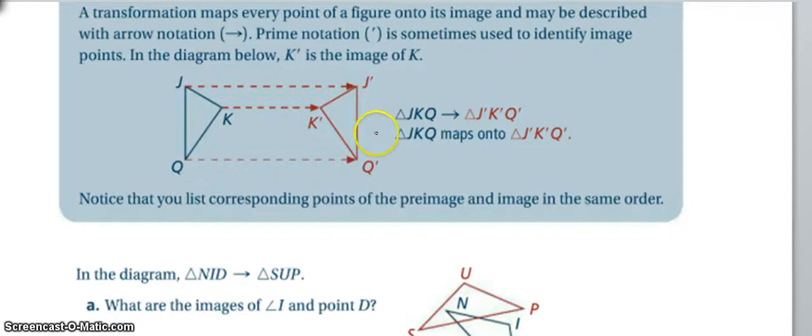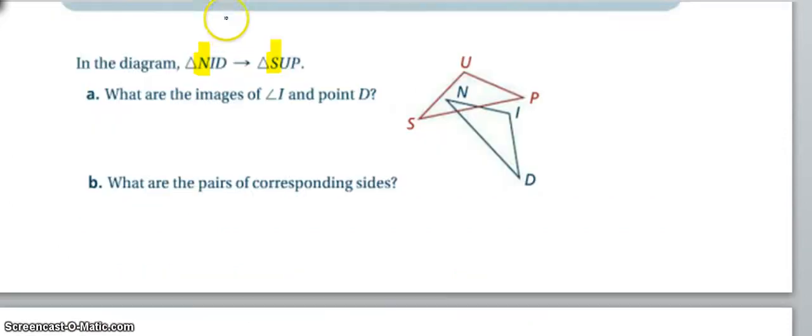So however JKQ gets to J prime K prime Q prime, that is from a rule, which here is, well, there's actually a reflection that happens and a slide, probably either straight up a reflection or a reflection and a translation. So the order of the points here is extremely important.